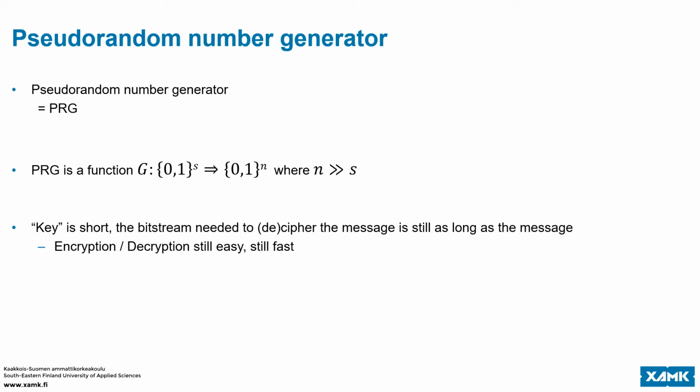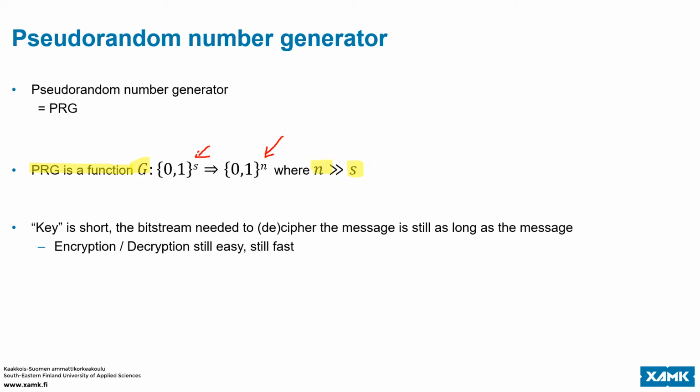Now, a pseudo-random number generator is a function, let's call this function G, that takes in a particular seed and produces a bit stream based on that seed. And crucially, the length of the bit stream is much larger than the value of the seed.